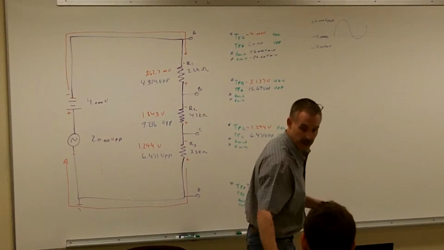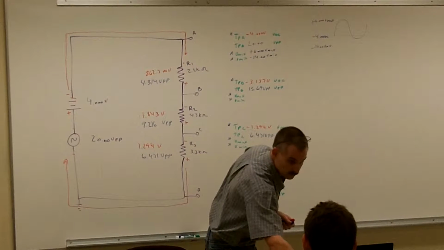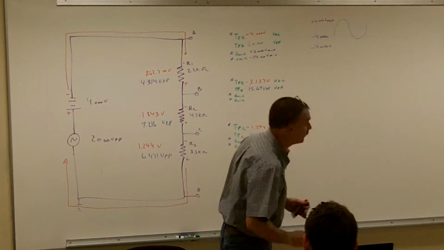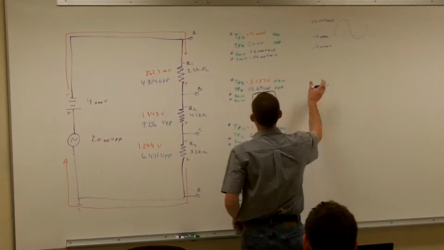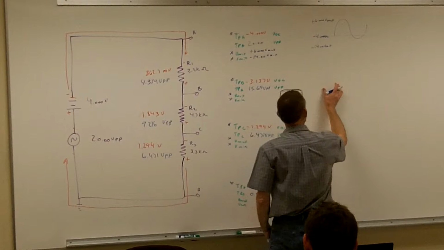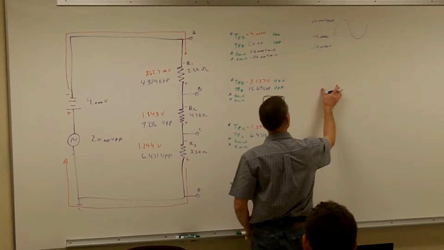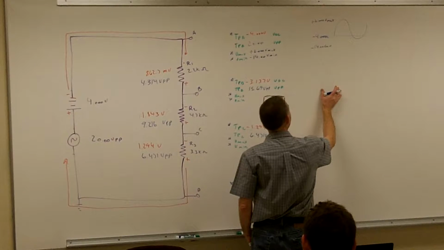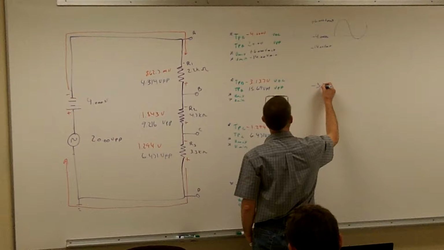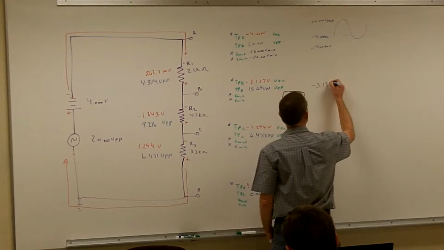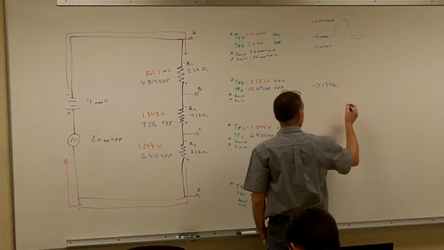All right, then on my test point B, what's my DC reference going to be? Yeah, negative 3.137 volts DC.